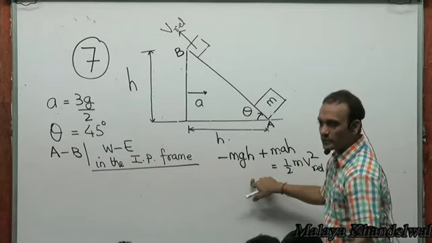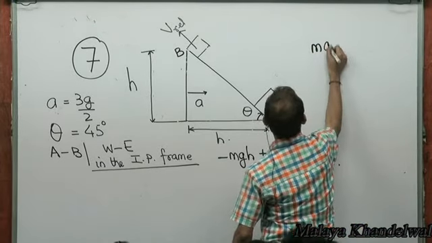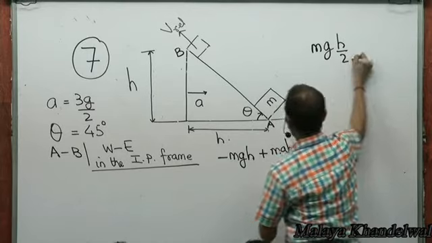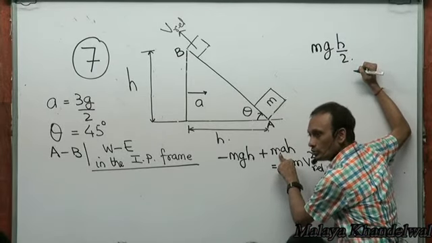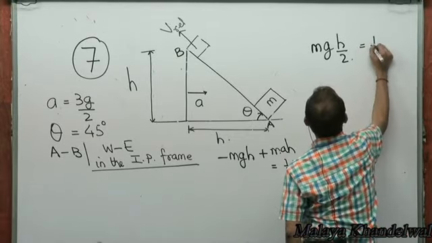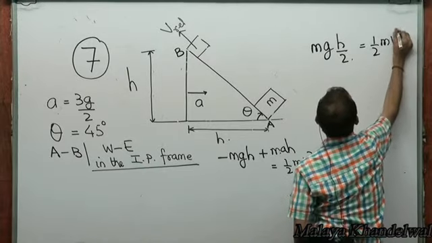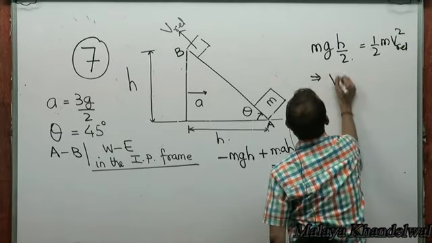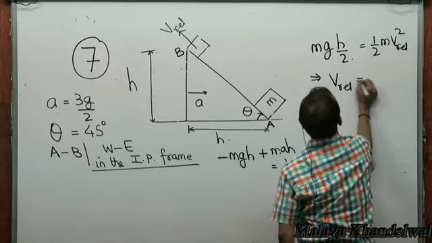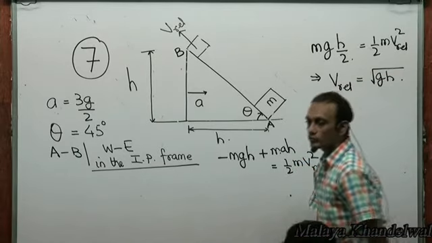This will become mgh by 2, isn't it? That's half m vrel squared. So this gives me vrel equal to root gh. Yes or no?